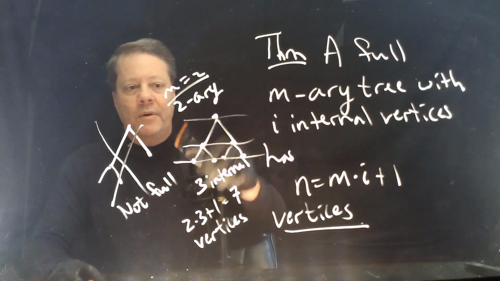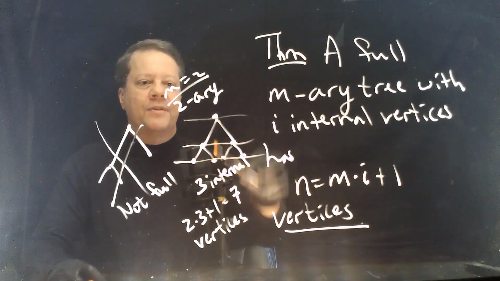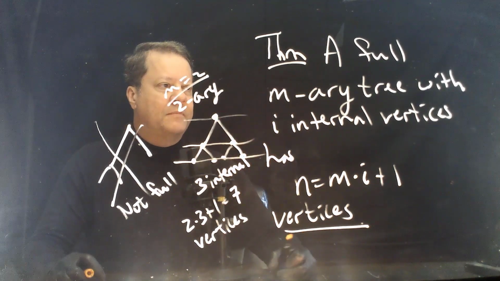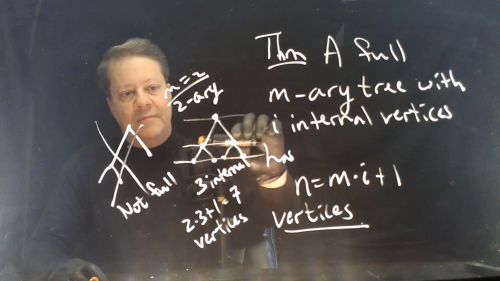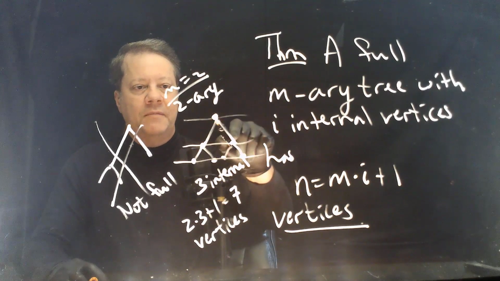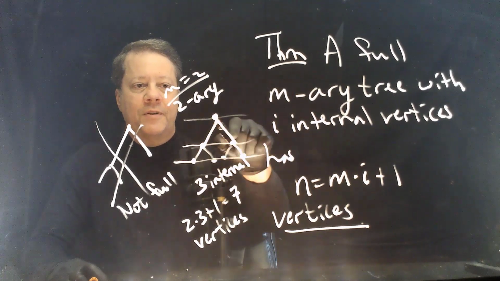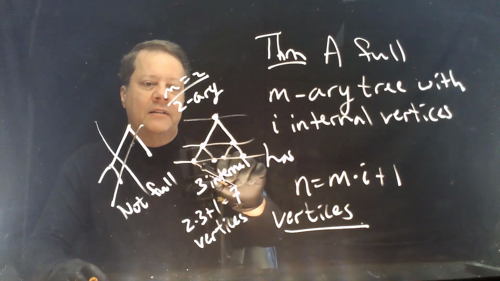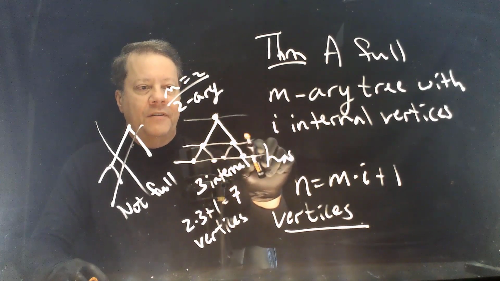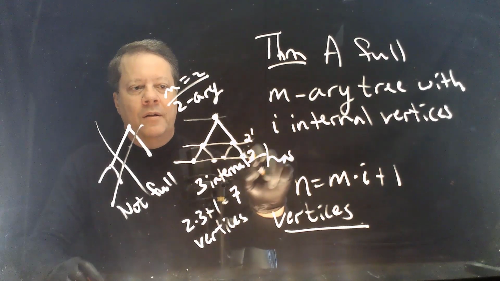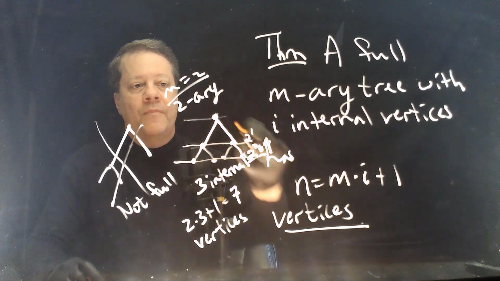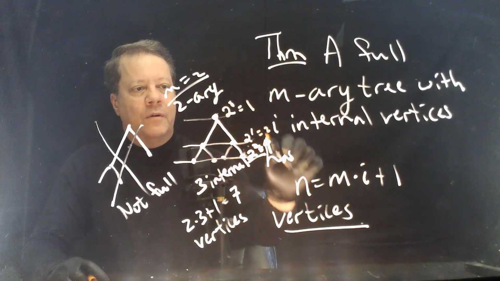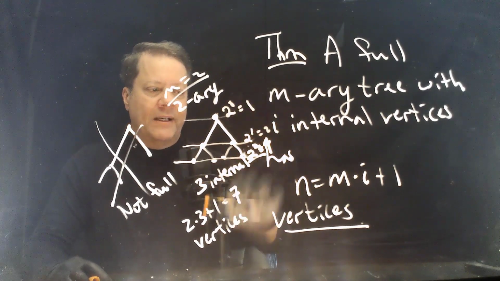With the two-ary tree, you can separate this into levels. The number of internal vertices, 3, since you're dividing off from the first one by 2, this is the extra 1 that you're going to add. We're going to have 2 to the 1, 2 to the 2, which is 4, 2 to the 0, which is 1, 4 plus 2 plus 1. That's the way to add these up.